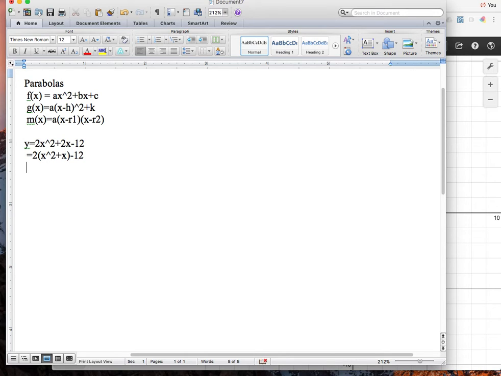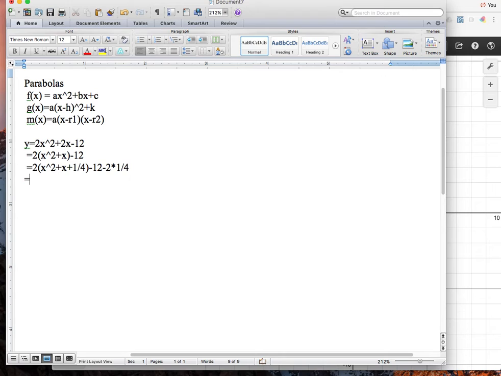equals 2 times x squared plus x plus, I take 1 divided by 2, get a half, square it, get a fourth, so plus a fourth to make a perfect square, minus 12 minus 2 times 1/4.